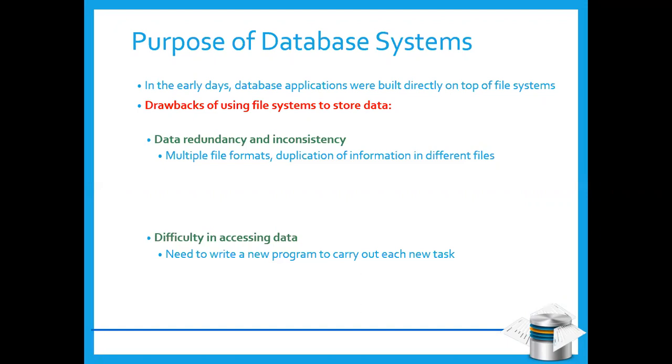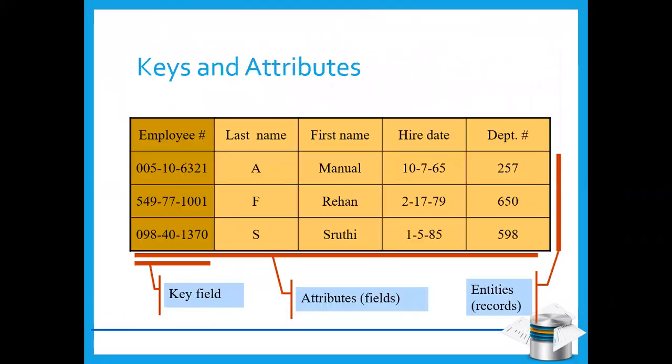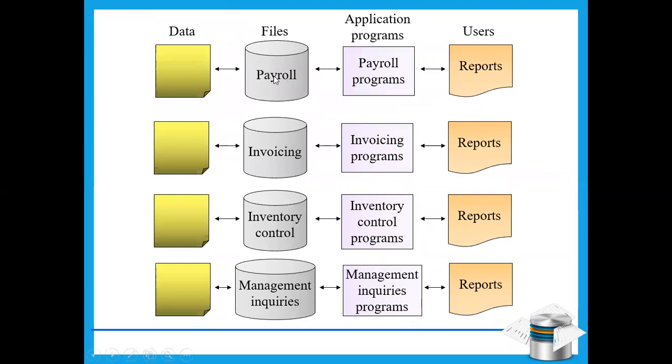The first drawback of using a file system is data redundancy and inconsistency. By the word redundancy, you mean repetition or duplication. Now, look over here. You have a payroll file, an invoicing file, and a management inquiry file. When I talk about an employee, all the details of the employee, his number, name, address will be there in the payroll.